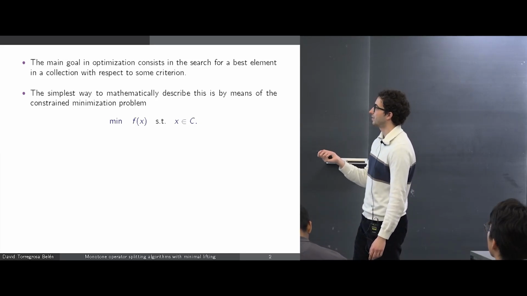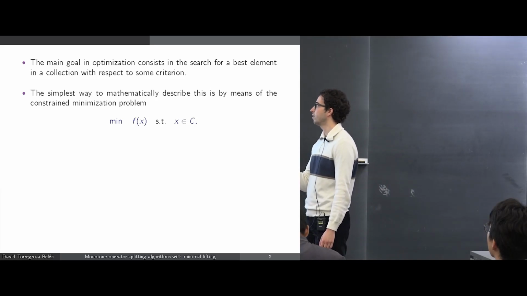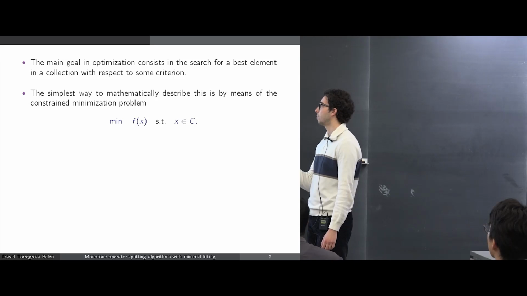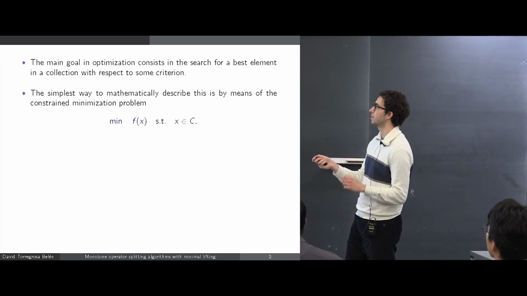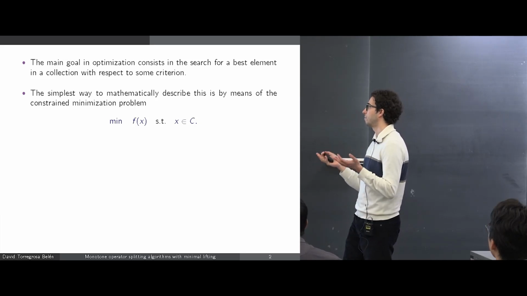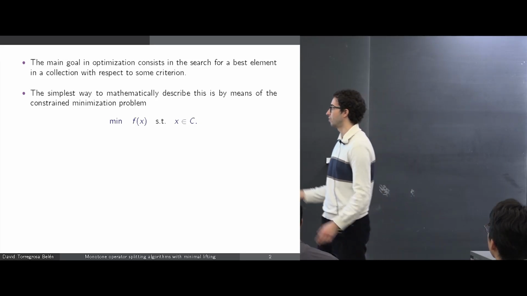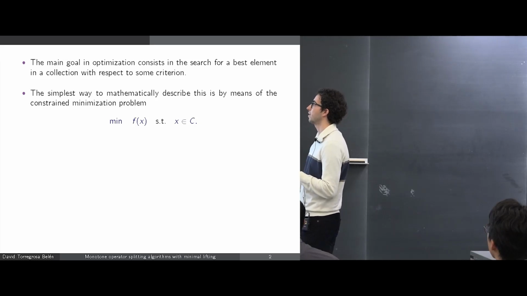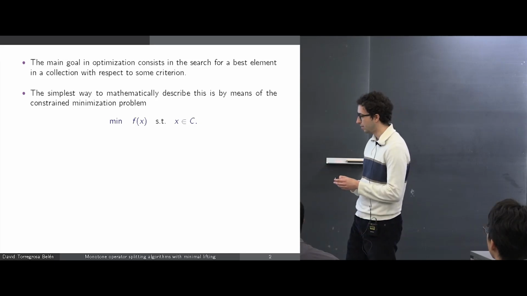Perhaps the easiest way to express this mathematically is as this optimization problem here, where we want to minimize some function f over some constraint set C. This set C represents the collection of points that we want to consider, and the criterion that we want to improve is given by the function f. So when we minimize this function over this set, we are getting the best element in the set.